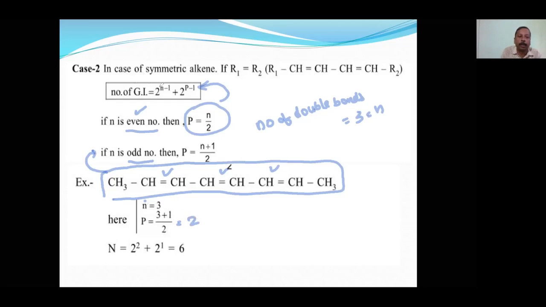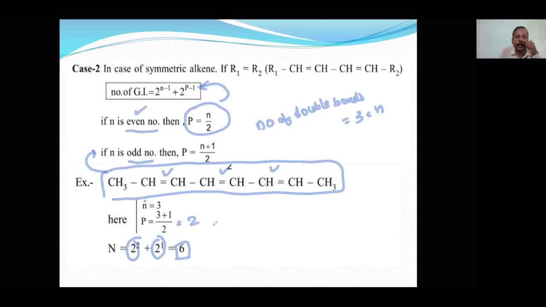So in this formula, 2 to the power of n minus 1, that is 2 to the power of 3 minus 1, which is 4, and 2 to the power of P minus 1, that is 2 to the power of 2 minus 1, which is 2 to the power of 1, that is 2. So 4 plus 2, 6.